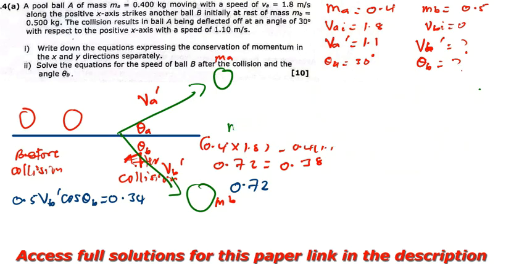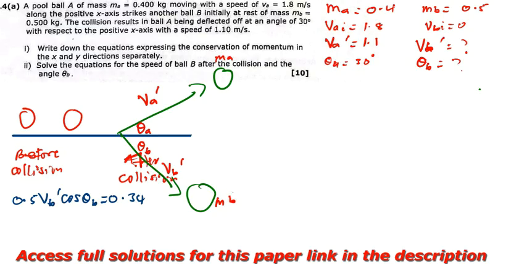So we go now to the y direction. Now in the y direction we have to be very careful. In x everything was positive because they were both going in this direction. But in y, for the second part, the VB, it is going in the negative y axis. Then this is in positive. But this object before collision was not moving in the y direction. It was just in x. You can clearly see that the line I had to draw here is just one. Therefore, in the y direction, the equation we expect is first 0.